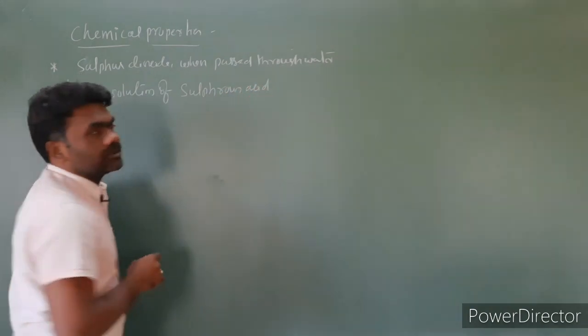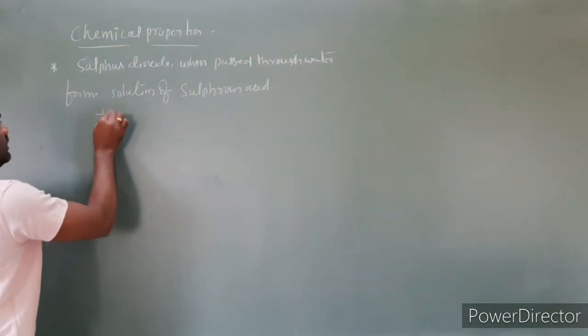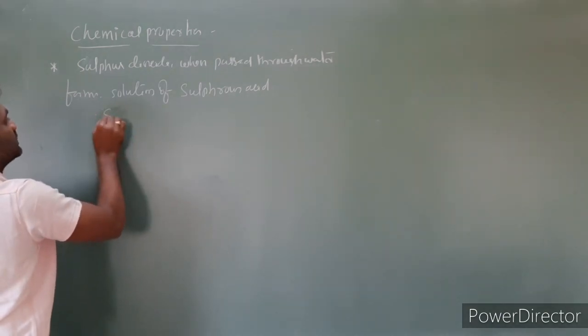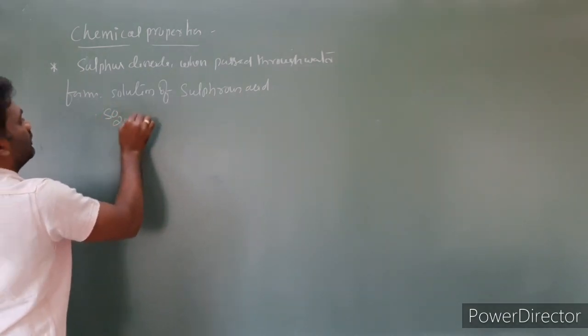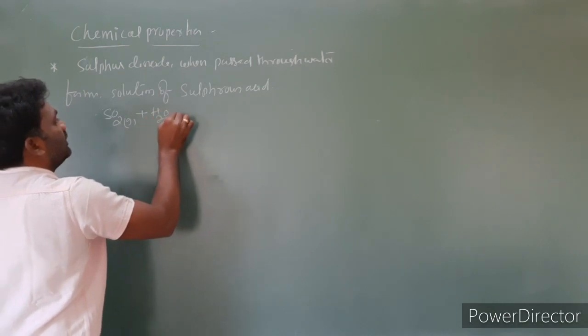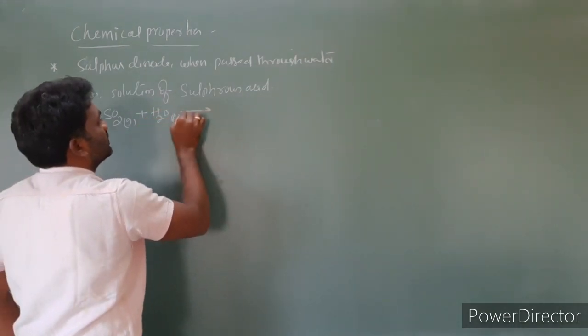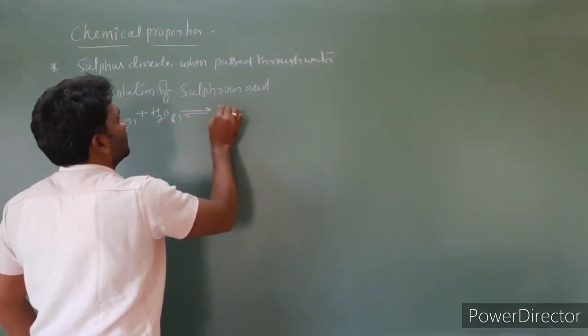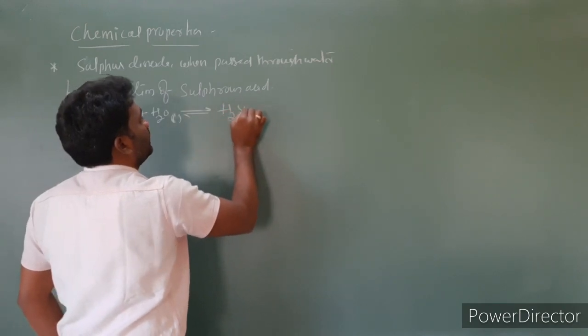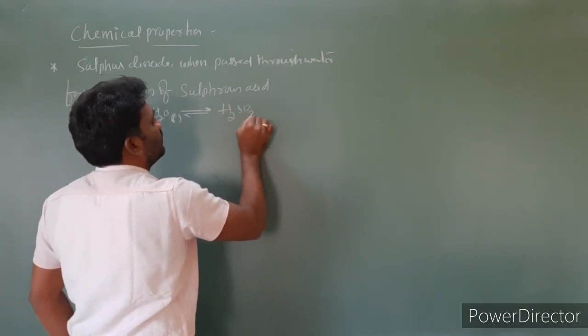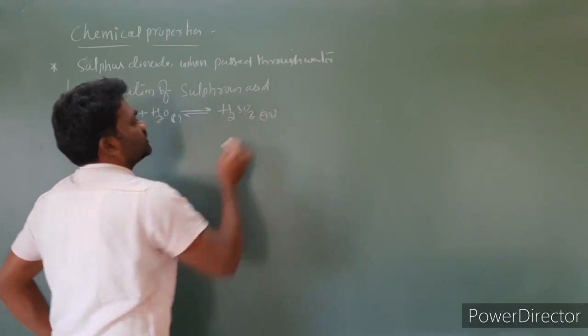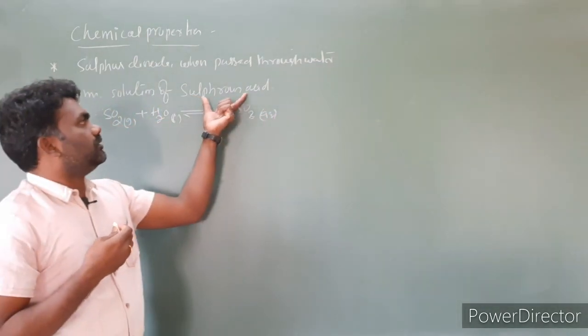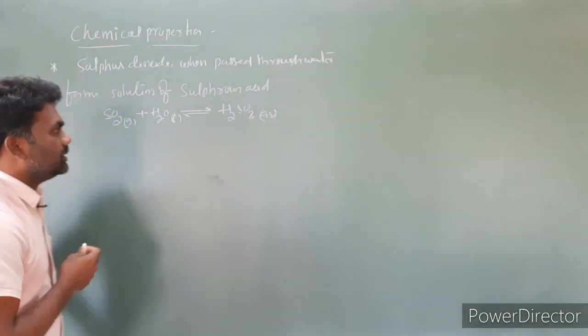Let us write the equation. Sulfur dioxide SO2 plus water H2O liquid gives rise to H2SO3 in aqueous solution. So H2SO3 is nothing but sulfurous acid. This is the first one.